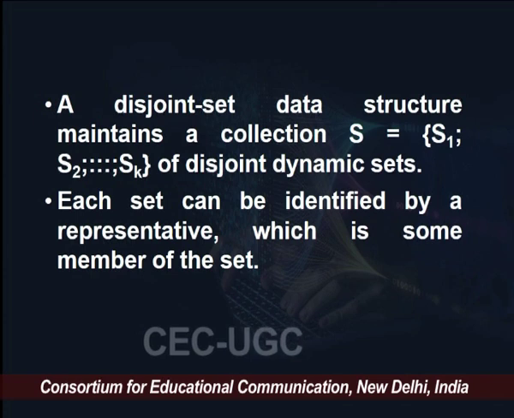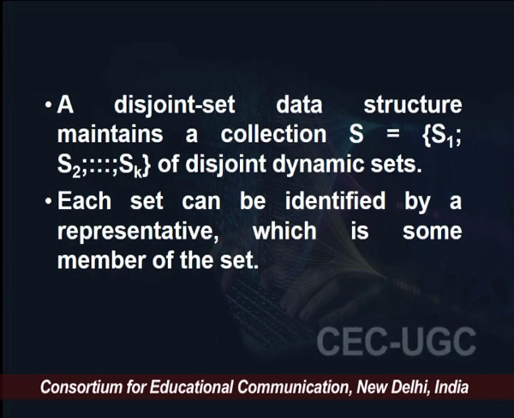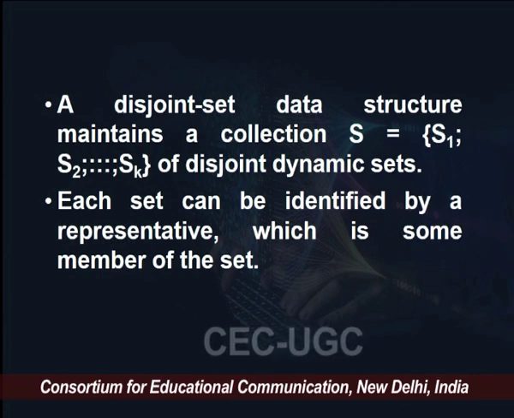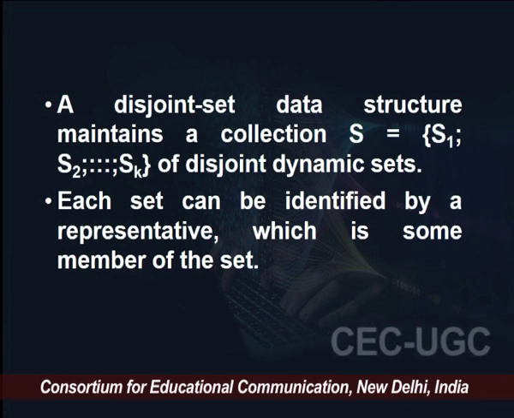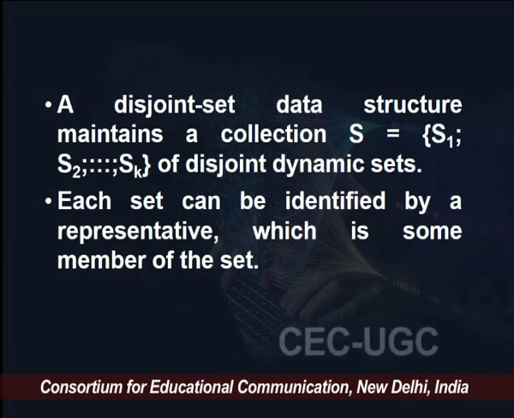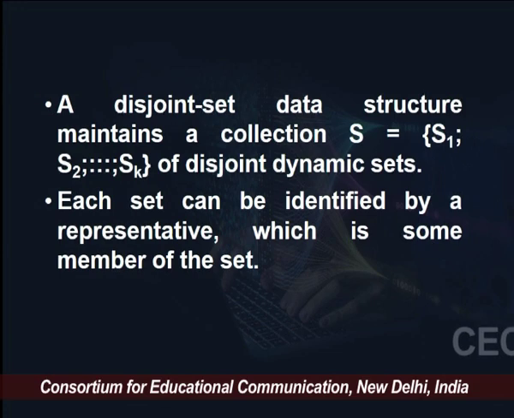We can include elements in them, or we can change the representative elements which are roots, and more importantly they are disjoint. Each set, as I have told you, can be identified by a representative which is some member of the set. You can take the first member or any random member. There is going to be one particular representative that is the identification for the members of the set.